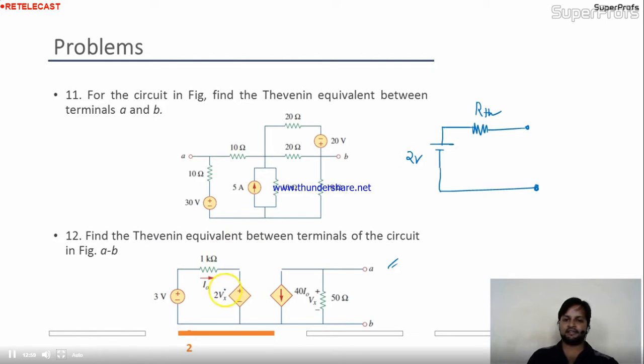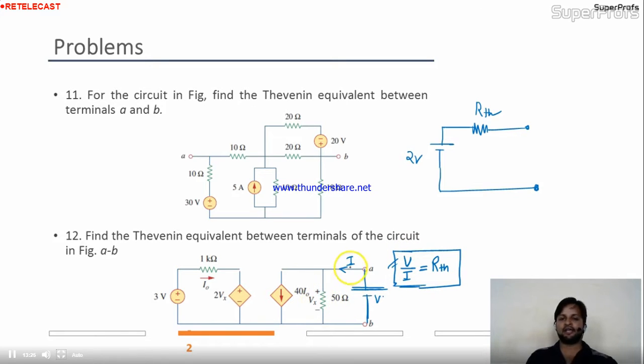The procedure says to find out the RTH, you will apply VTH over here, one battery source and one current. Now if you find V by I, this V by I is nothing but your RTH across A and B. But this procedure will be lengthy here. Why? Because I am having directly current in this A and B. So I have another way to solve this circuit. How? See here.